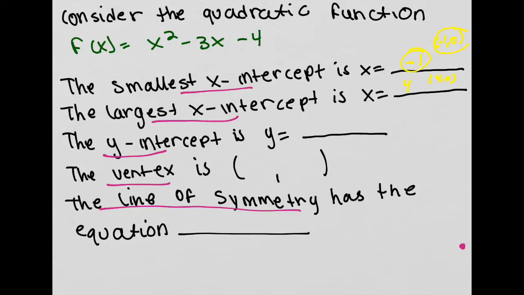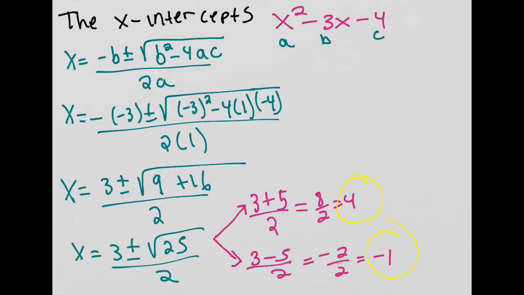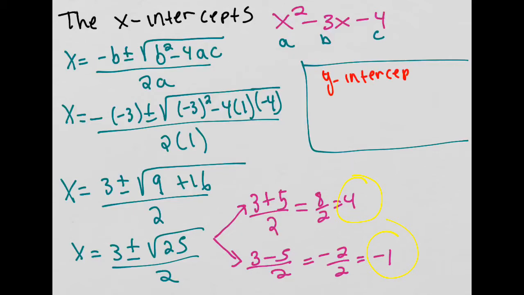Now remember the Y-intercept. How do we find the Y-intercept? The Y-intercept is very easy. Let's just find it right here. In order to find the Y-intercept, you're simply going to substitute 0 for the x.